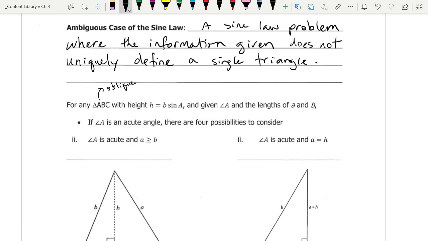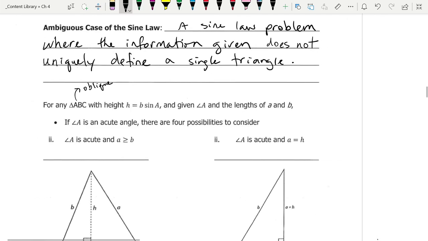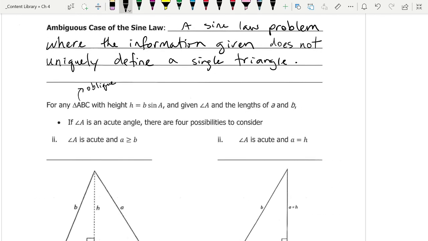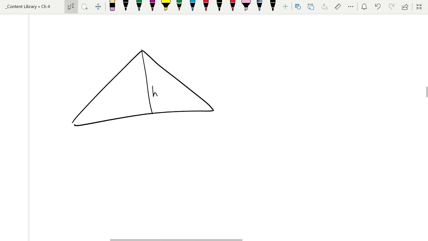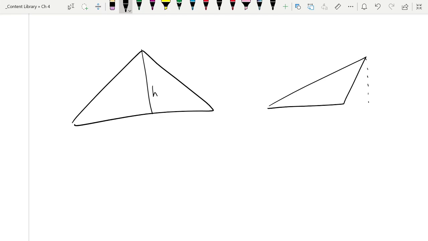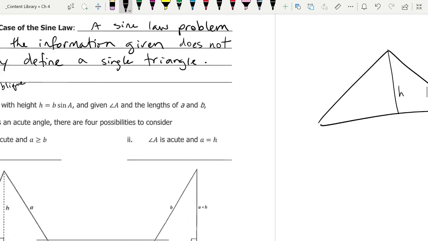So for an oblique triangle, I am going to say that I have a height h, right? Any triangle you draw me is going to have some sort of height I can drop down. Even if it's an obtuse triangle, the height happens to not be in the triangle, but it's still there.